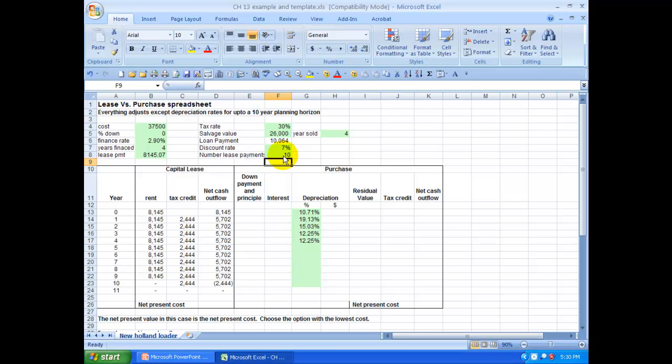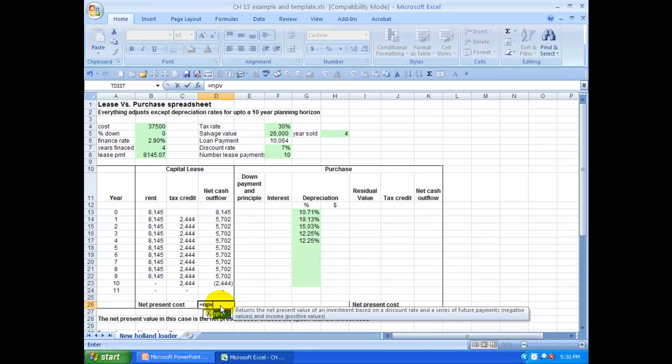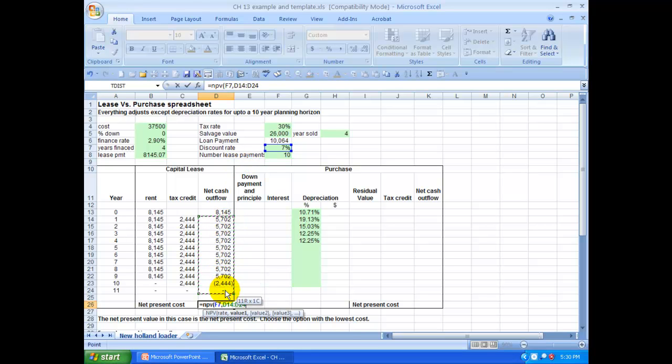And so then, at the very end, I need to find my net present value, in this case referring to it as a cost, so equals NPV, opening parenthesis, my rate is my discount rate, comma, and remember on the NPV we've got to do years 1 through to the end, year 1 through 11, close parentheses, and then plus year 0.